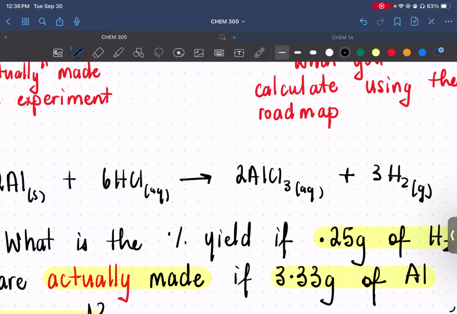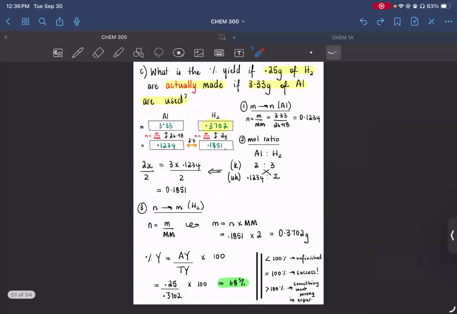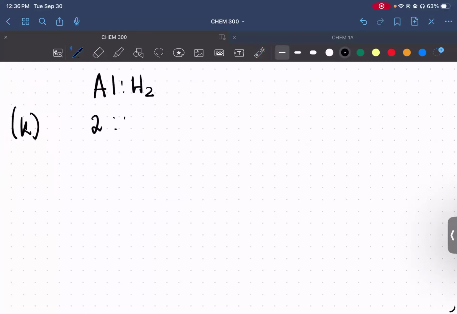From the balanced equation, we're comparing aluminum and H2. We know that for every 2 moles of aluminum, we'll make 3 moles of H2, right? That's from the equation. Just like our sandwich analogy, we know this. So we can incorporate that into the ratios such that this is 2 to 3. These are just colons to represent ratios.